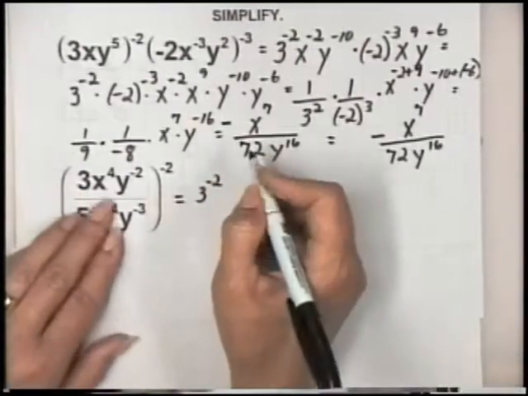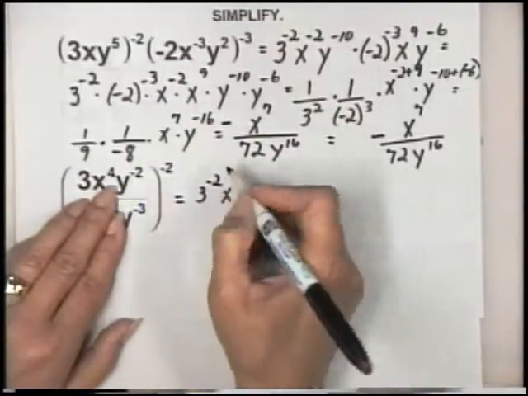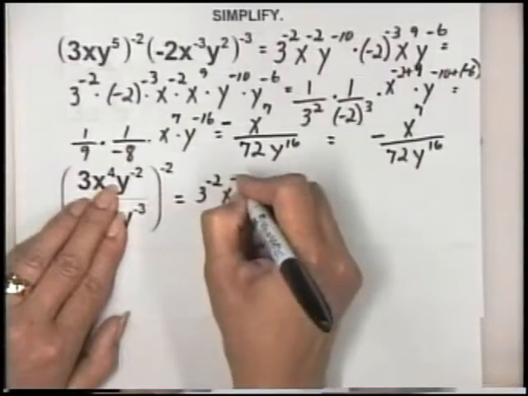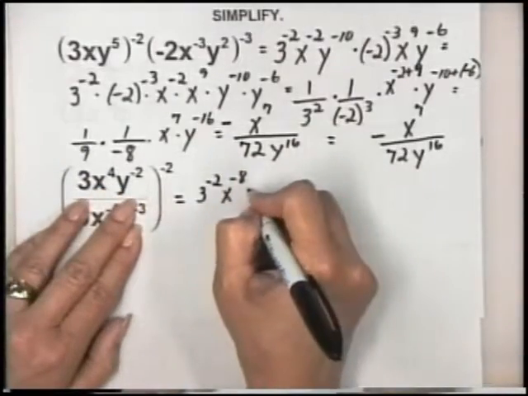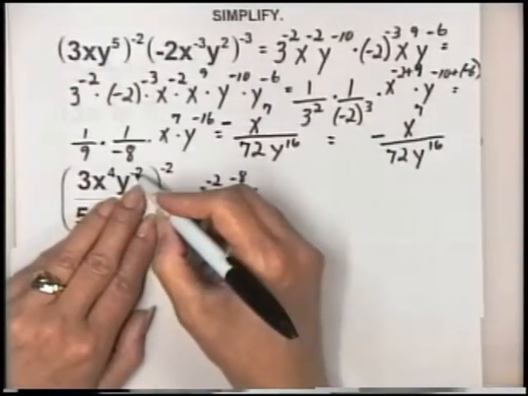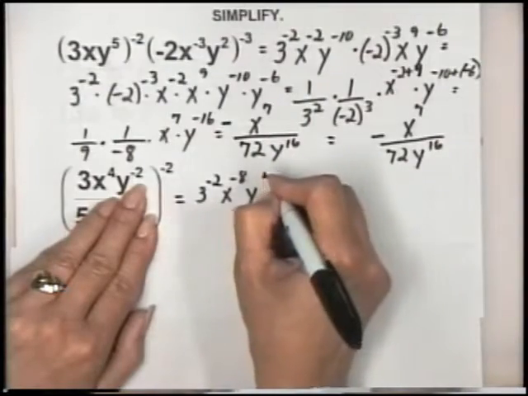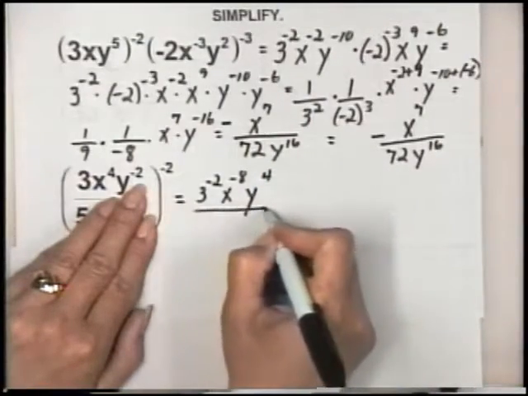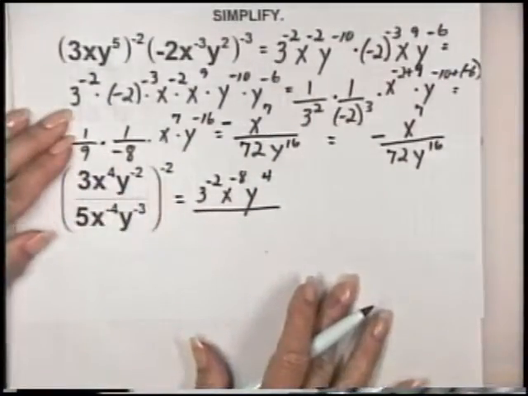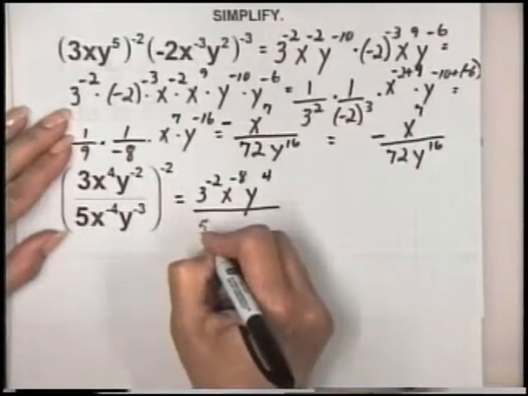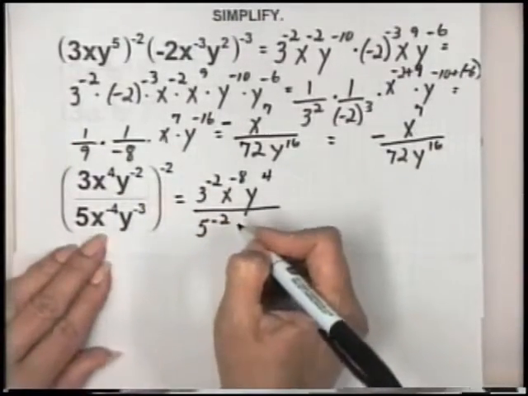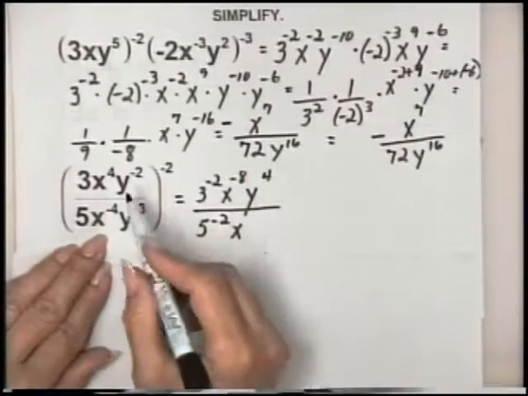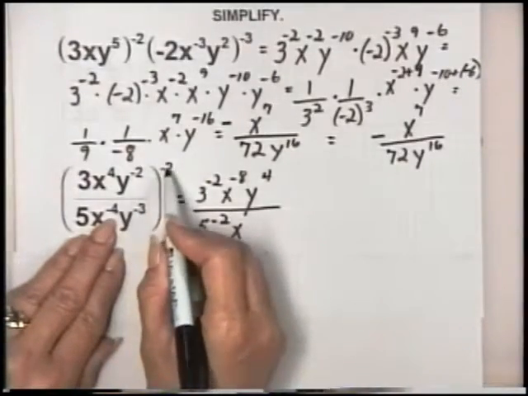When I apply it to the 3, I will have 3 to the -2nd power. X to the 4 times -2 is -8. Y to the -2 times -2 is +4. In the denominator, I will have 5 raised to the -2nd power.